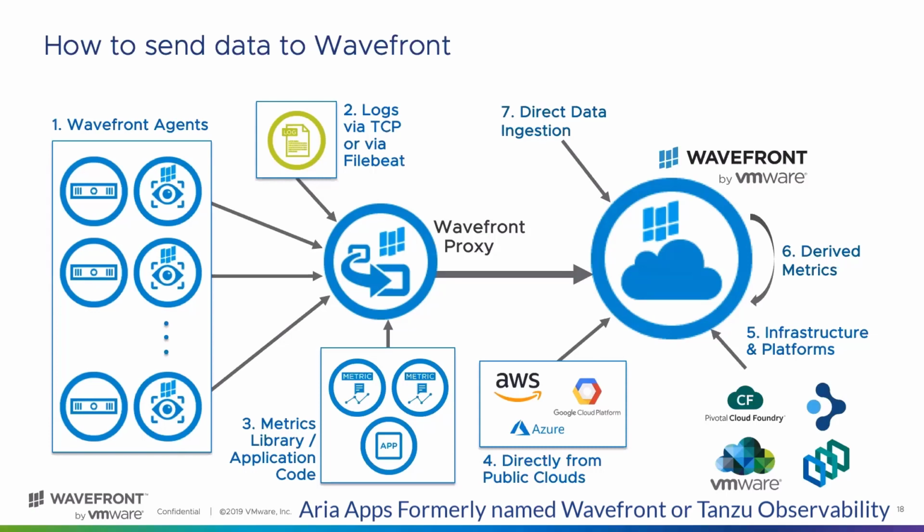This is, I think, a big difference between Wavefront and Datadog. Although you can send custom metrics to Datadog, its focus is around its own agent, and it pushes you in the direction of only using its own agent. Whereas in Wavefront, we treat everything as just a metric, whether it came from Telegraf or from your code or from anywhere else.